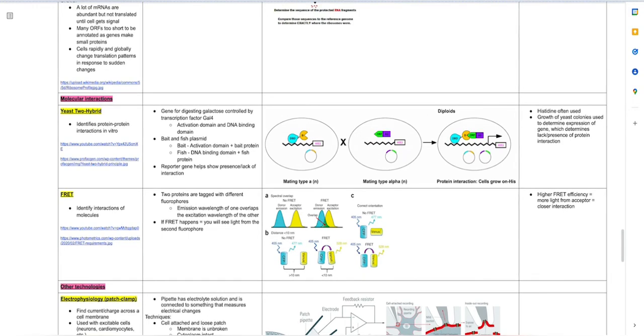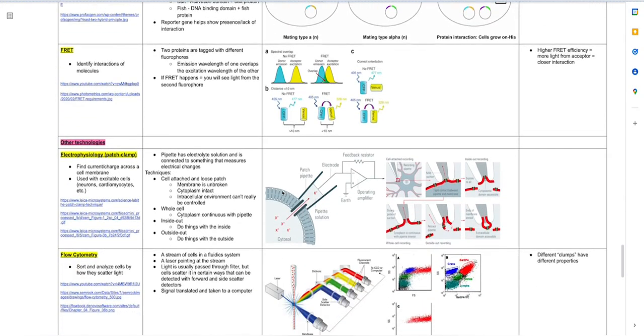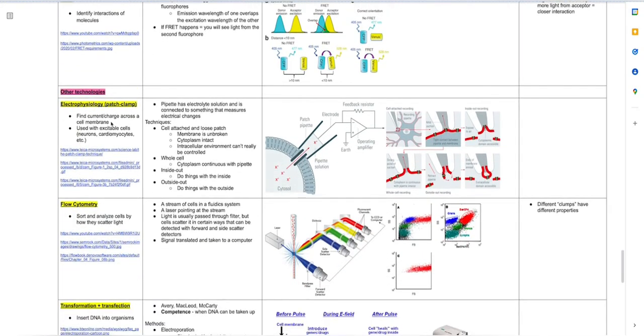Okay, so here's the last section, which is the miscellaneous technology section. The first one is electrophysiology, specifically the patch clamp technique. What this does is it finds a current or a charge across a membrane, and it's usually used with excitable cells, think neurons or cardiomyocytes.